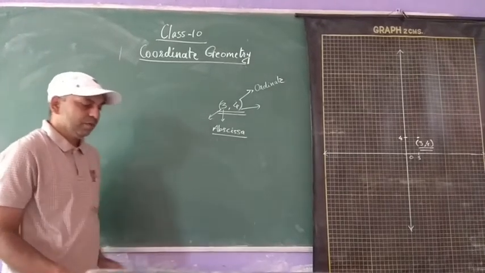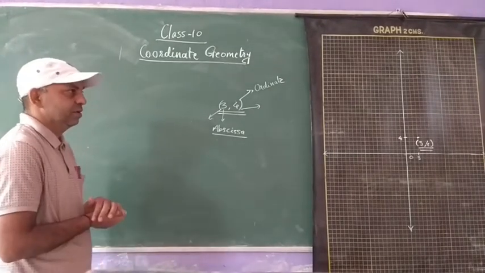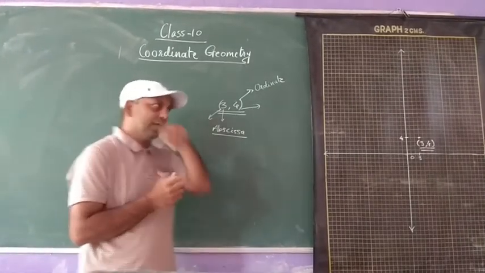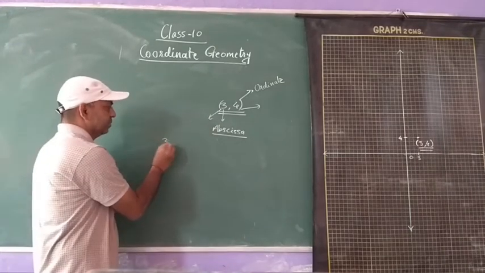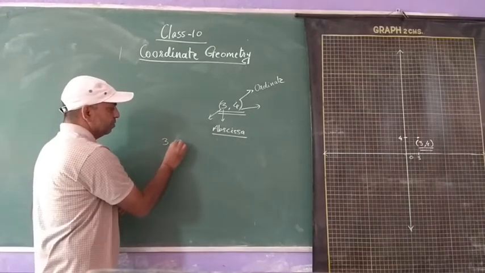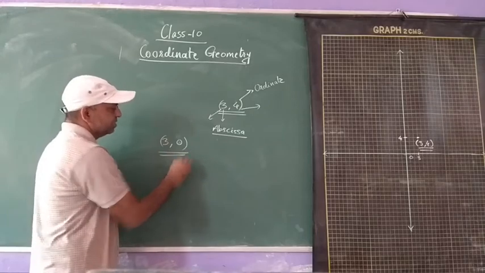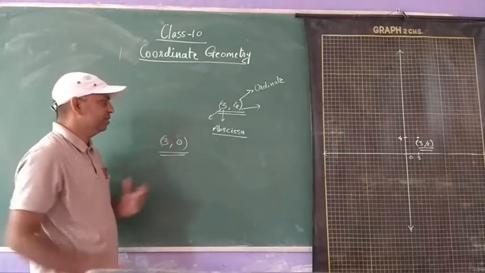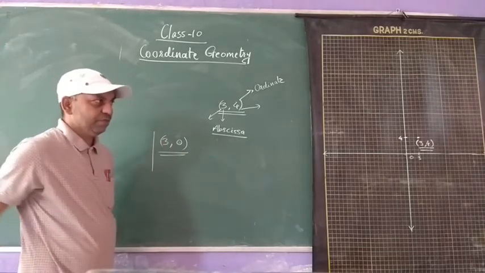But if you are given a point (3, 0), then what is the distance of this point from the origin?